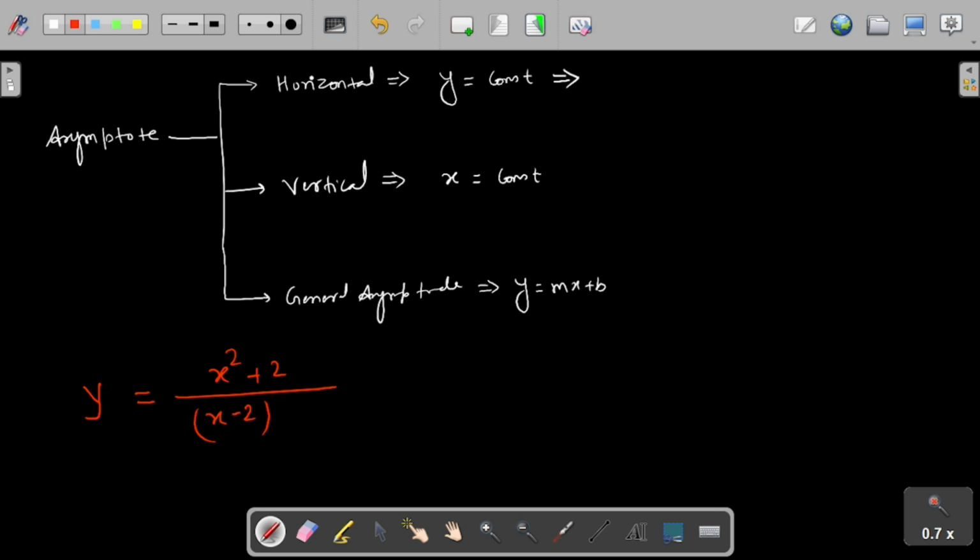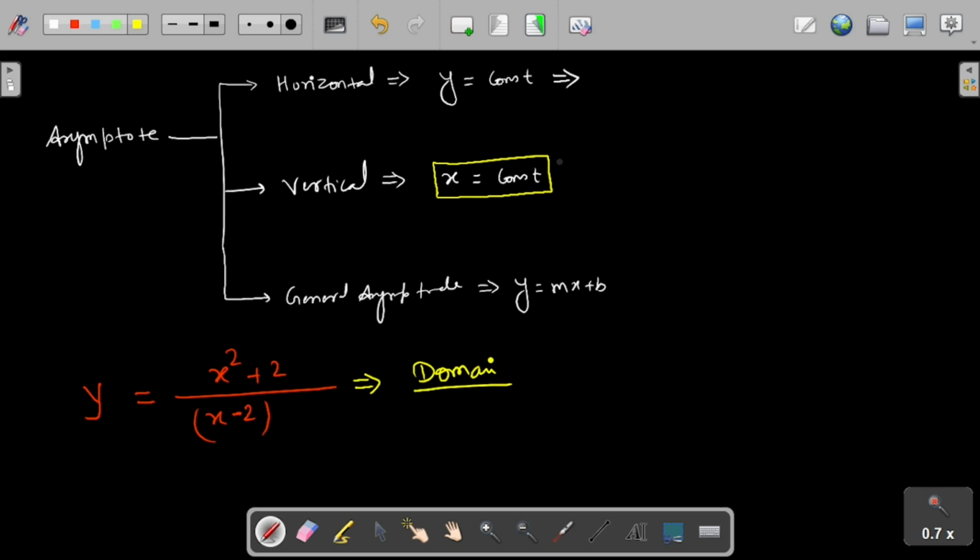Let us see the vertical asymptote first. A vertical asymptote is of the form x equals some constant. Your answer should be in the form of x equals some constant. To find the vertical asymptote is so simple. Without a calculator, if you want to find the vertical asymptote, you just have to find your domain.